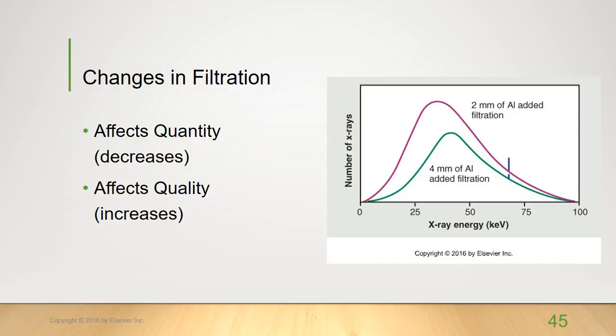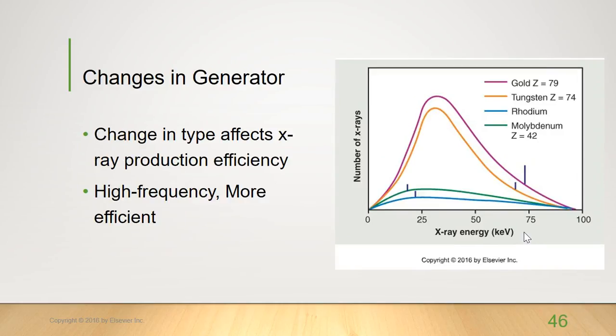Because it removes more low energy photons than high energy, there's a greater decrease on the left side of the continuous portion, and there's a shift in the peak of the curve. So this is what it looks like when you have aluminum. So remember, when low energy photons are removed, the average energy is higher. And again, the discrete line does not move because it's related specifically to the target material.